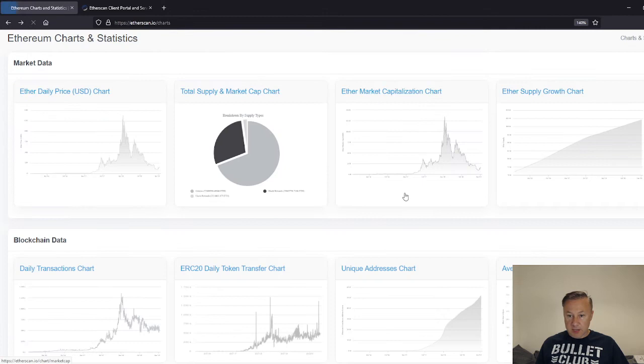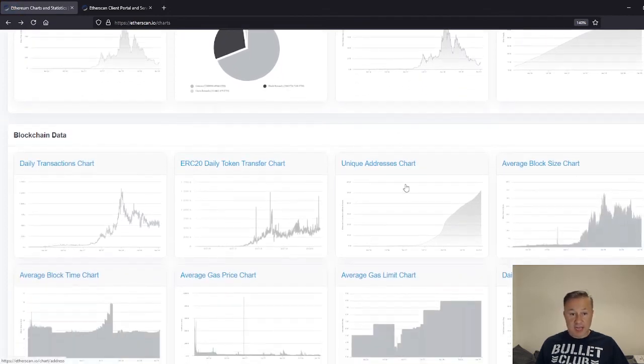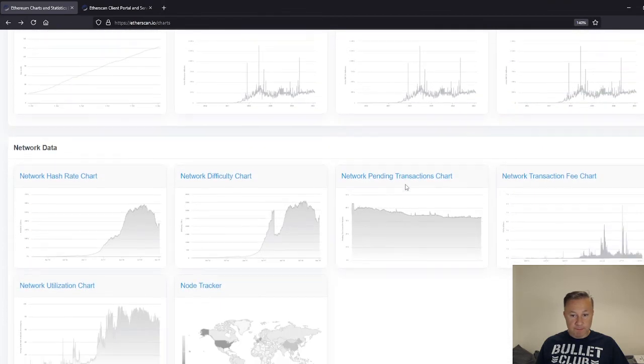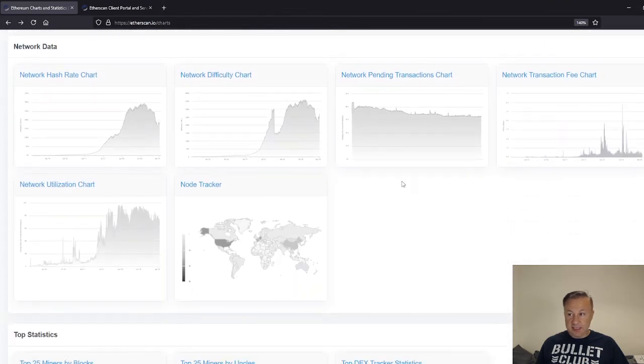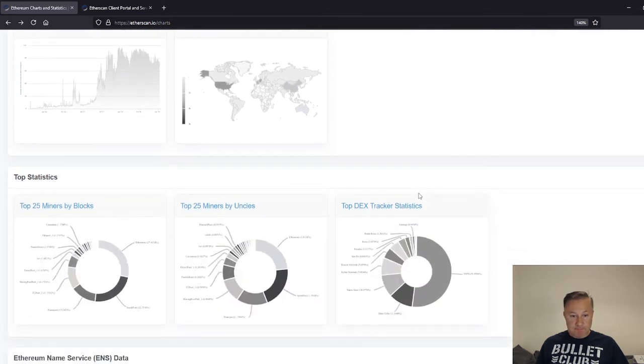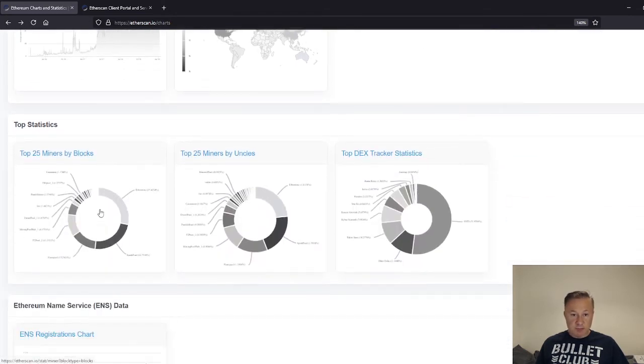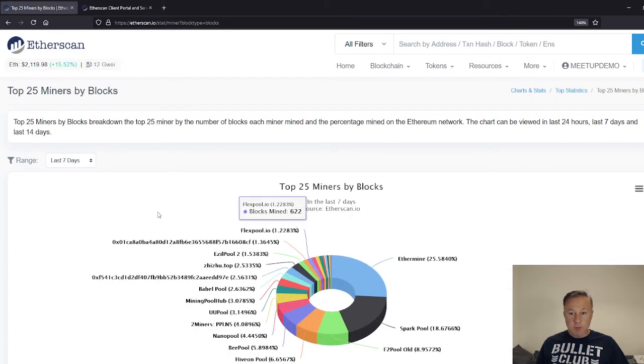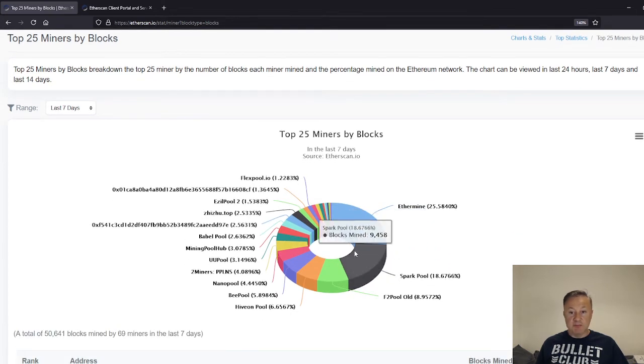If we go back one, there's also some other quite interesting ones. If we go down a little bit, yes, you can see the difficulty. You can also see the top miners by block. If you click on that, where we were looking at the blocks earlier, we looked at Spark Pool, so you can see how many blocks they've mined.